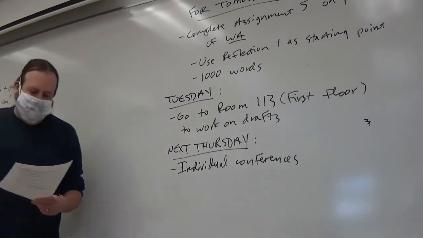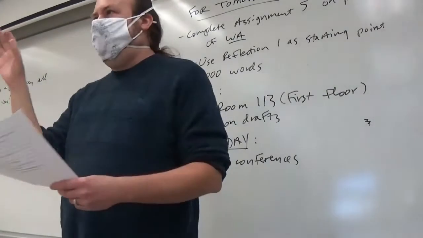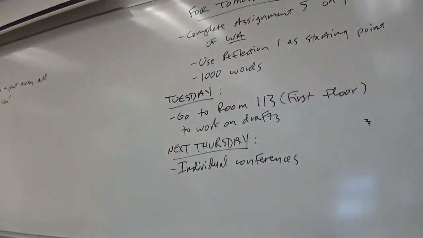So, paper 1 is going to be 1,500 words total, right? Now you're already going to have, by the end of tomorrow, 1,000 words to start with, which again, you will probably have to go back and revise some of that, but you're still not starting from scratch.